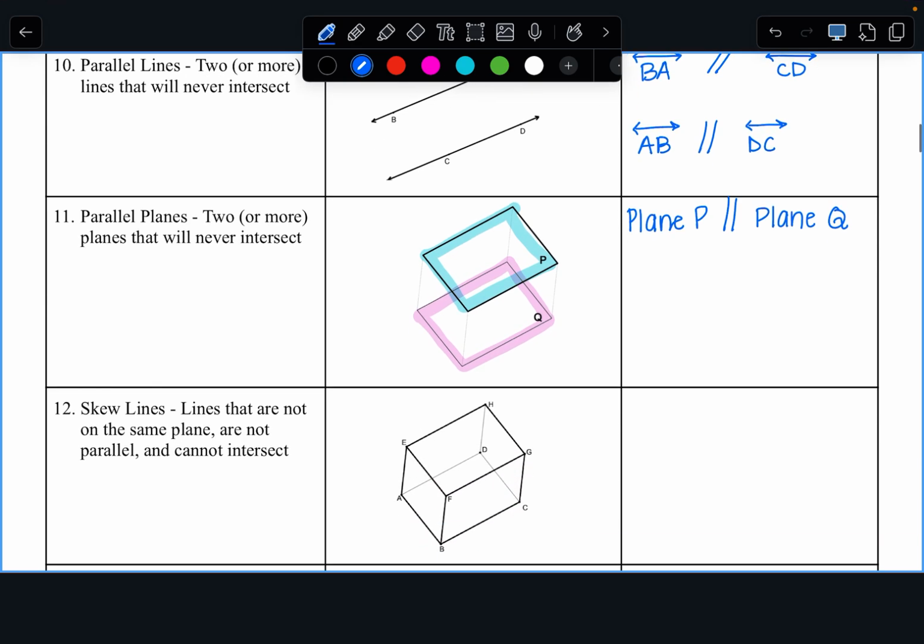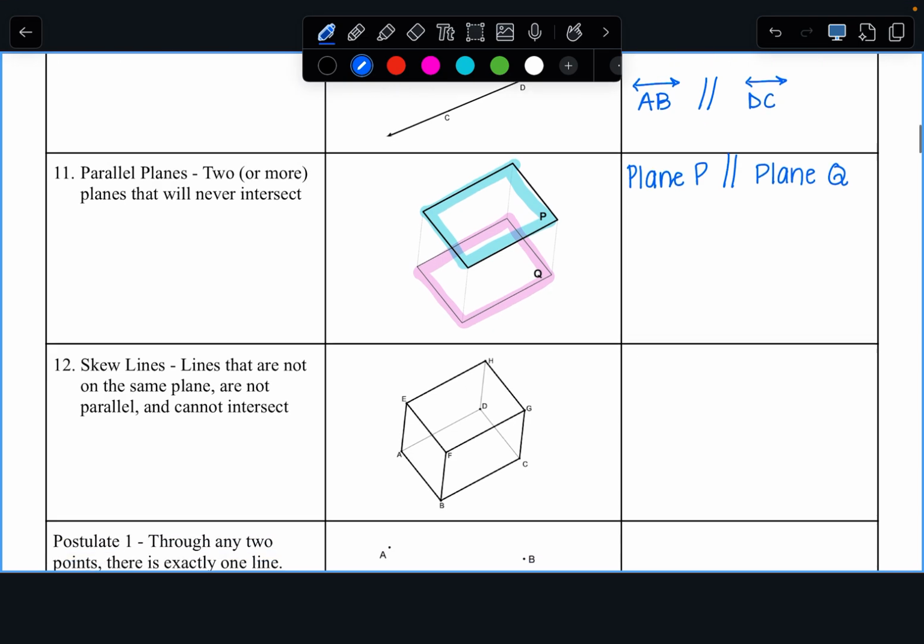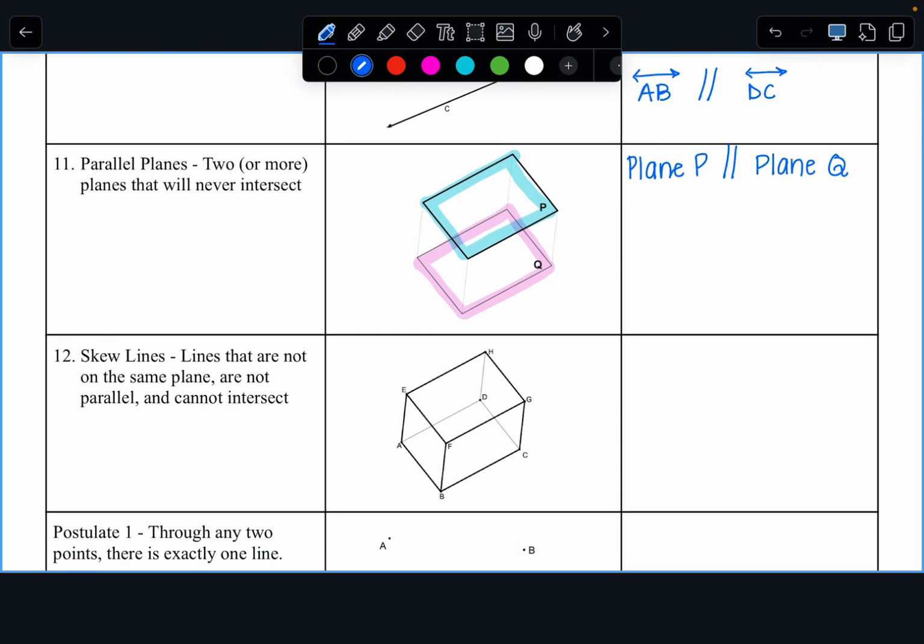Skew lines are lines that are not on the same plane, they are not parallel, and they cannot intersect. There are a lot of different lines that are skew. I'm going to show you a couple examples. So EF, one line that is not parallel and will not intersect that is GC.